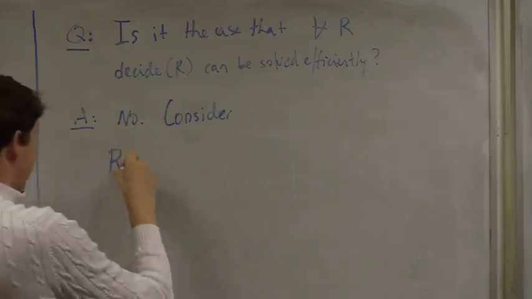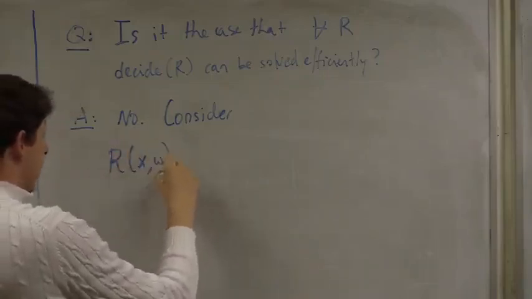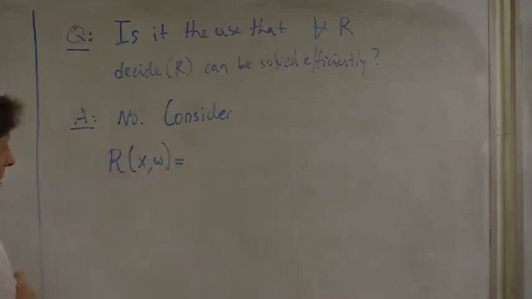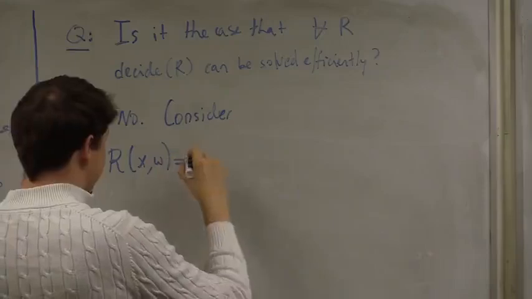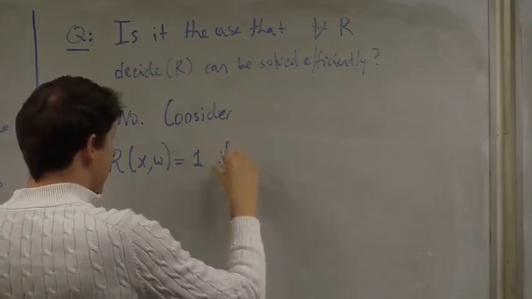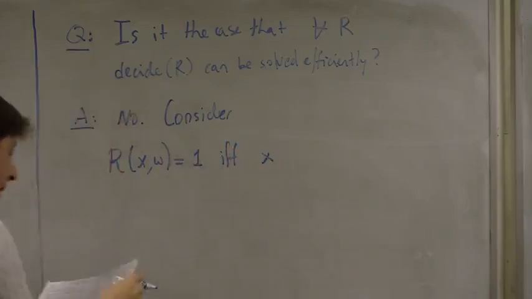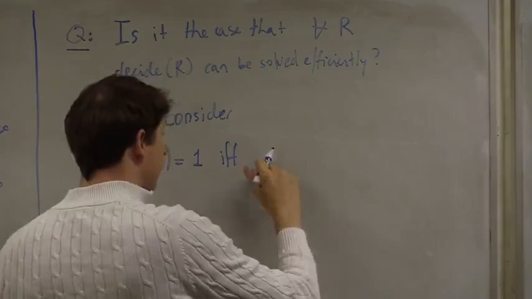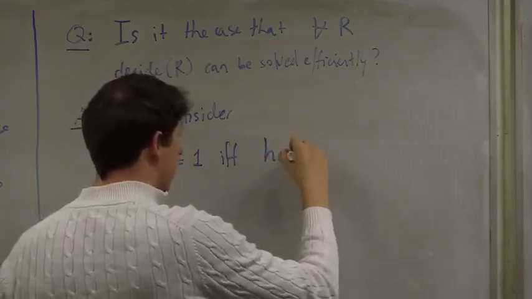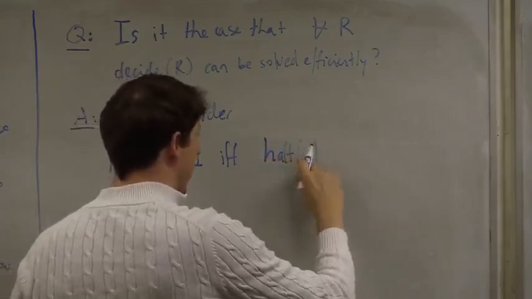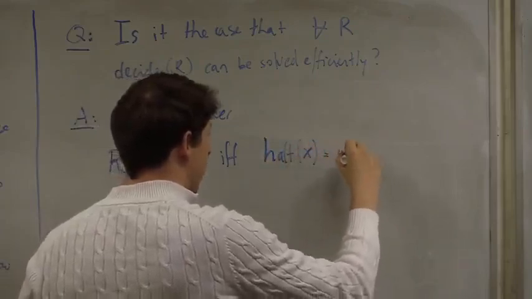So consider R of x, w to be 1 if and only if halt of x is w.